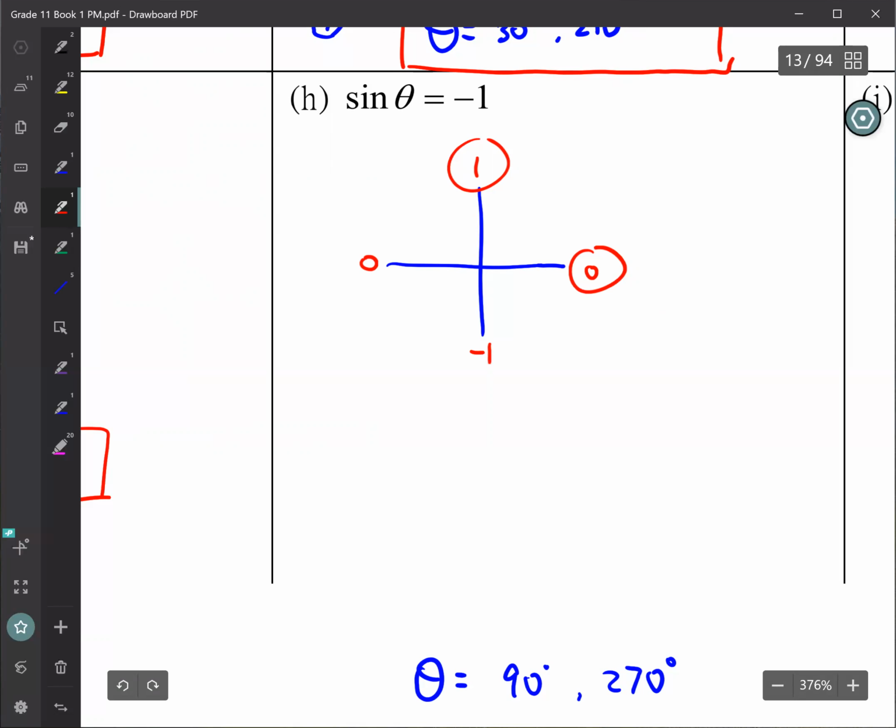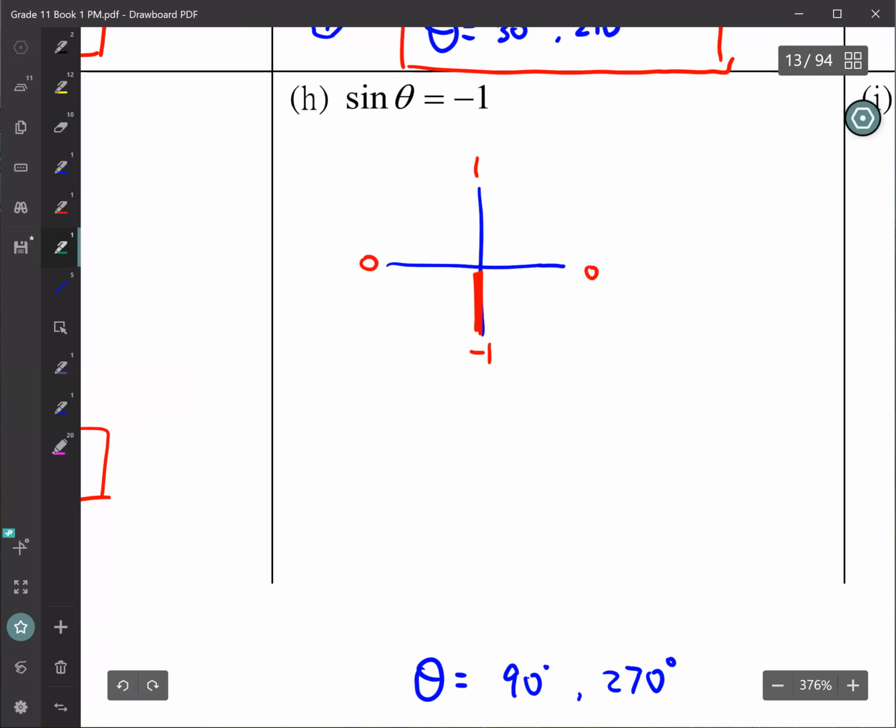Okay, now the question, what ratio does it give you? -1. -1, right? -1 only has one place, this one. It can only be -1 when it turns to the bottom, okay?